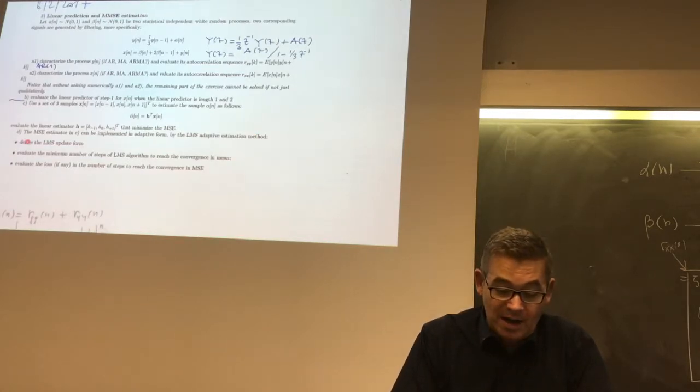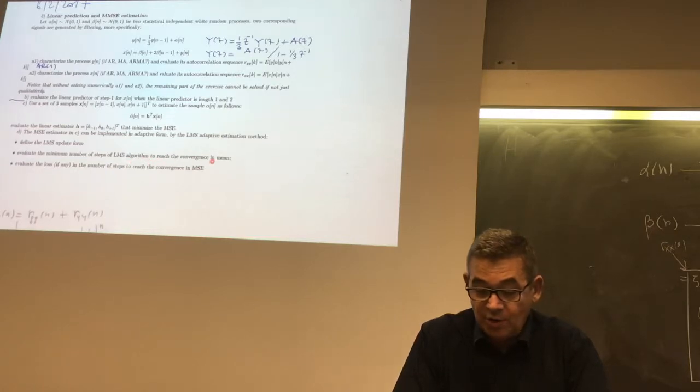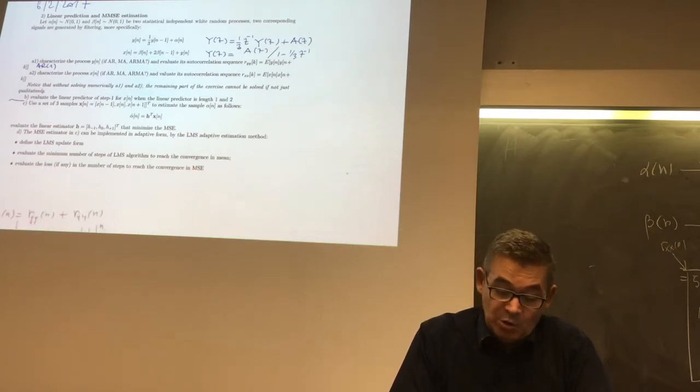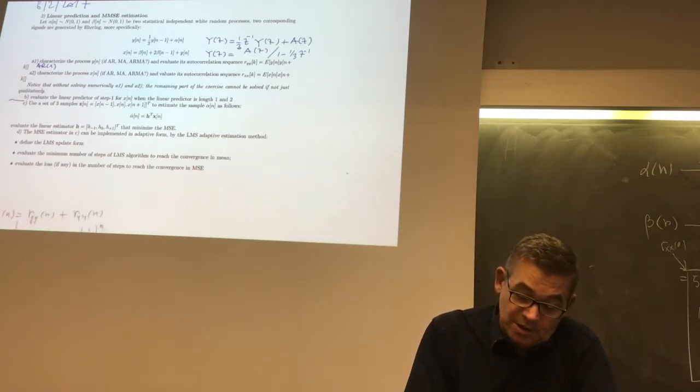Now, define the LMS update form. Evaluate the minimum number of steps of the LMS algorithm to reach convergence in mean. Evaluate the loss, if any, in the number of steps to reach convergence in the mean square. Okay, let's solve it.